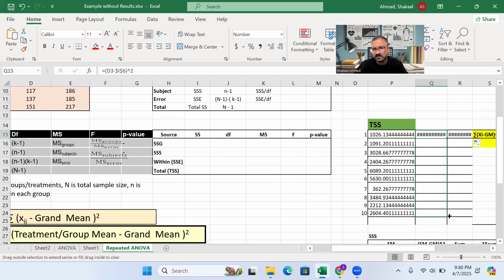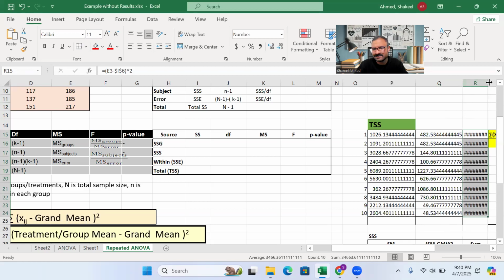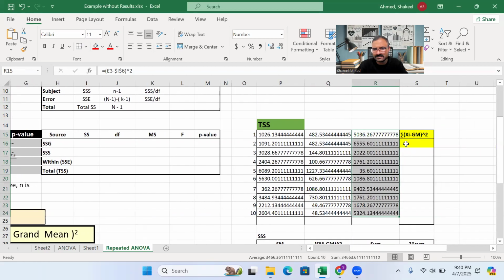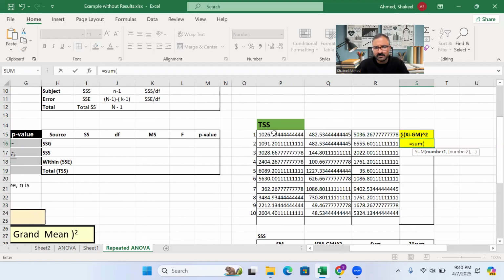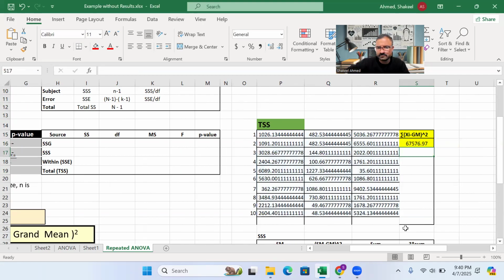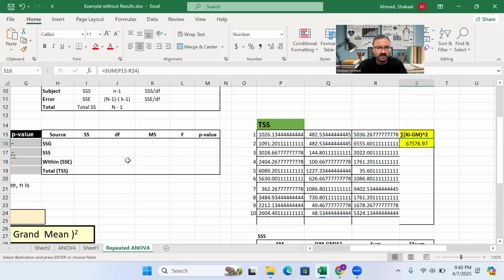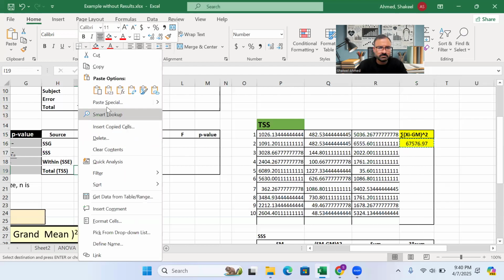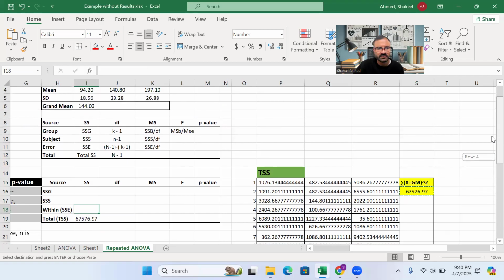Then you can find the total sum of square deviation from the grand mean. So this is the grand total sum of square. You can just copy it and paste it here.